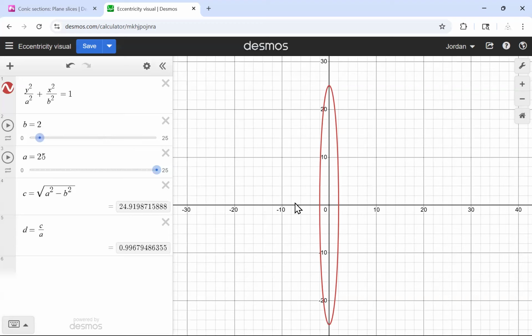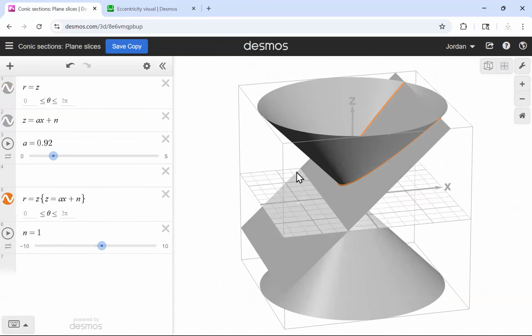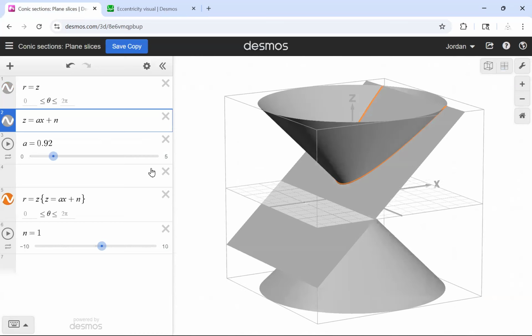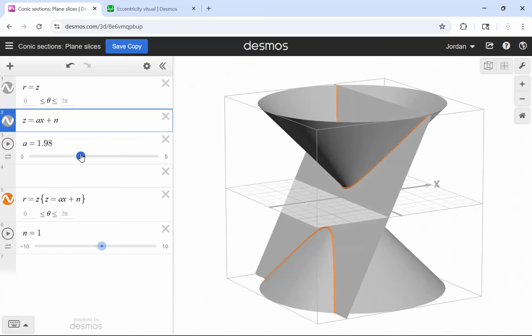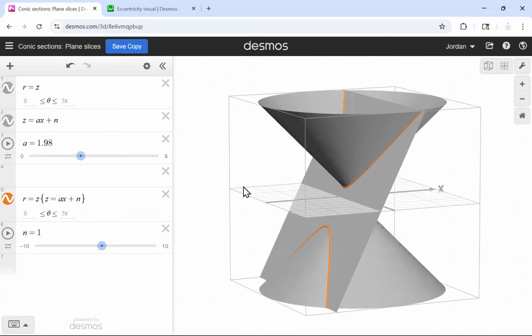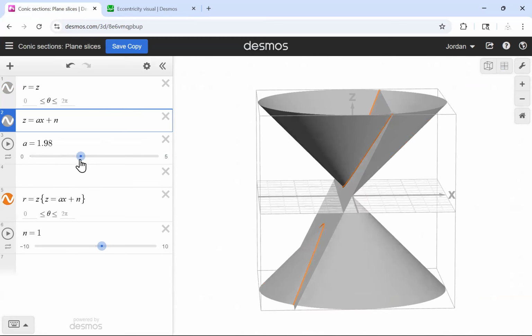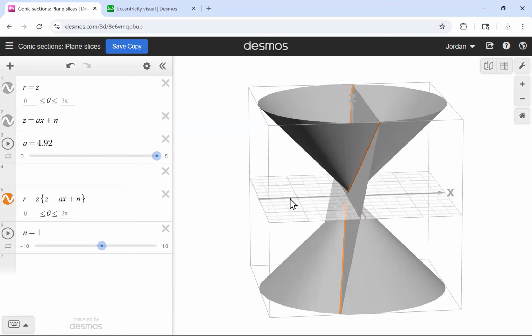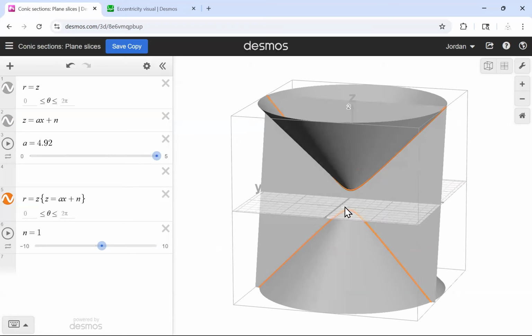So that's the idea of eccentricity. We can see that visually, both with the cone and in the two-dimensional space. By the way, again, just thinking of this hyperbola, as we get steeper and steeper, eccentricity is getting higher and higher.